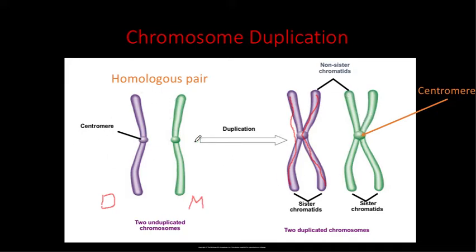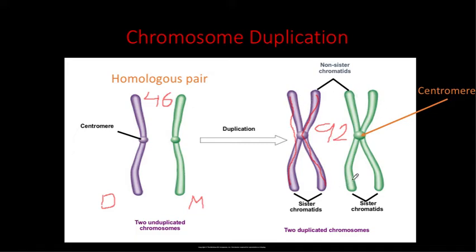So here, if I take into consideration all of the chromosomes at the very beginning, I have my standard 46, 23 from dad, 23 from mum, making a total of 46. But once I have duplicated all of the pairs, all of the chromosomes, I end up with a total of 92 chromosomes.